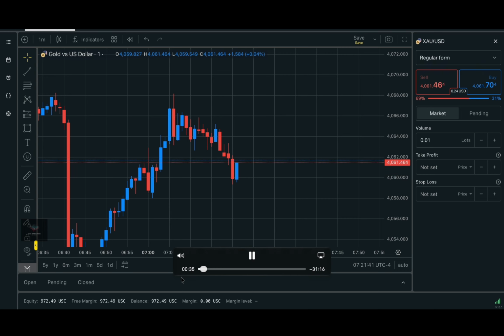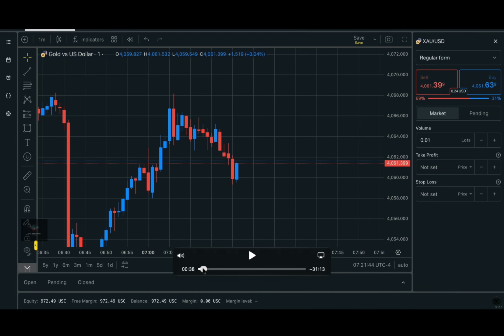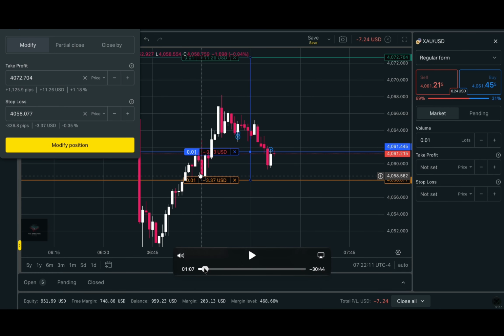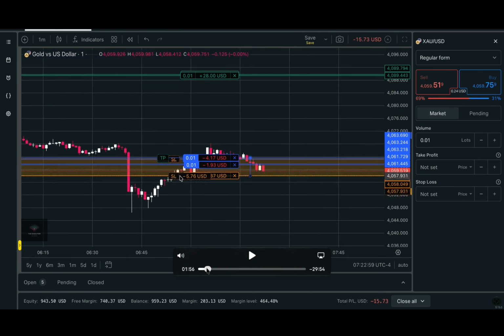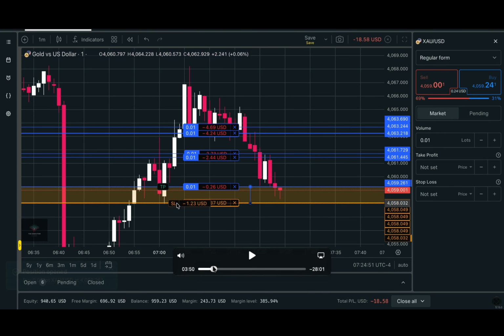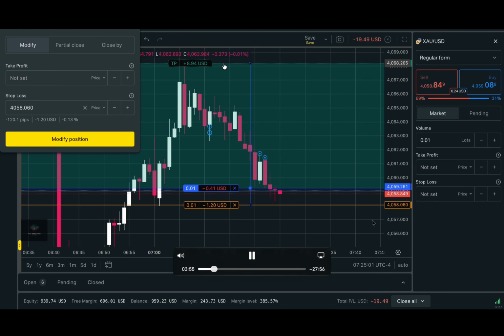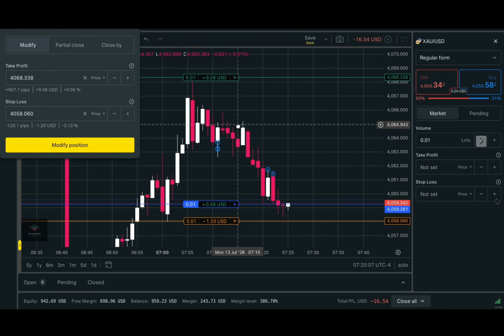I think it's too slow. So, yeah, here you see, right here, look how close it gets to my stop loss.